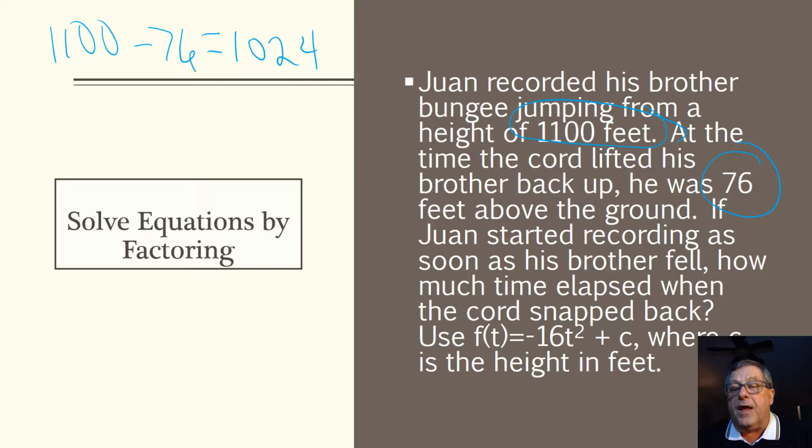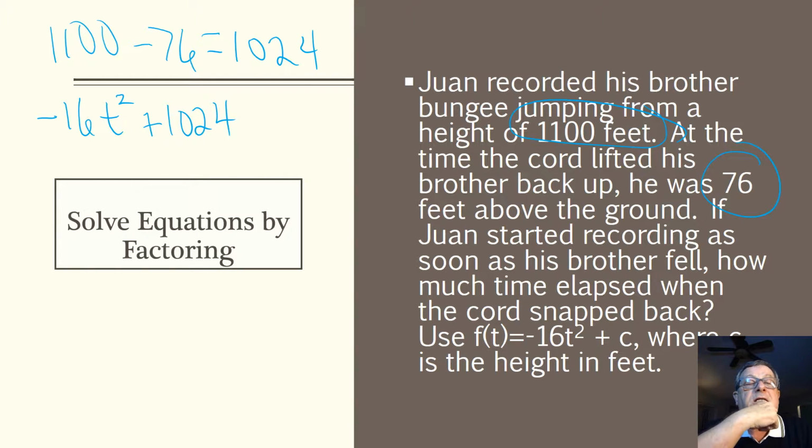So I can substitute in the height in feet that he fell, which would be 1,024. I can use this equation, negative 16t squared, where t is the time we're trying to find, plus 1,024.